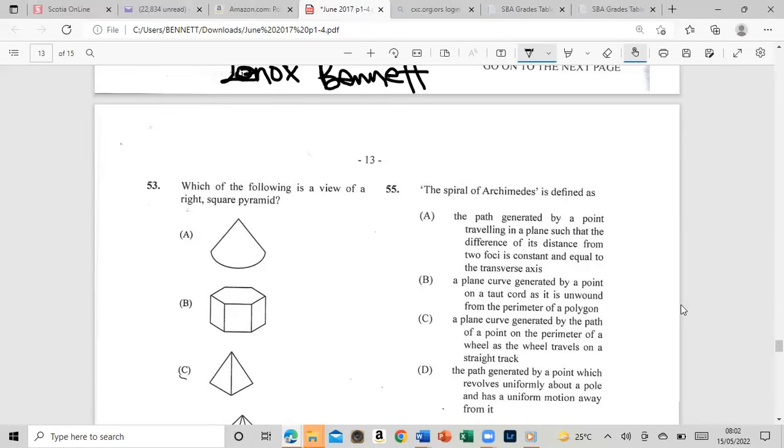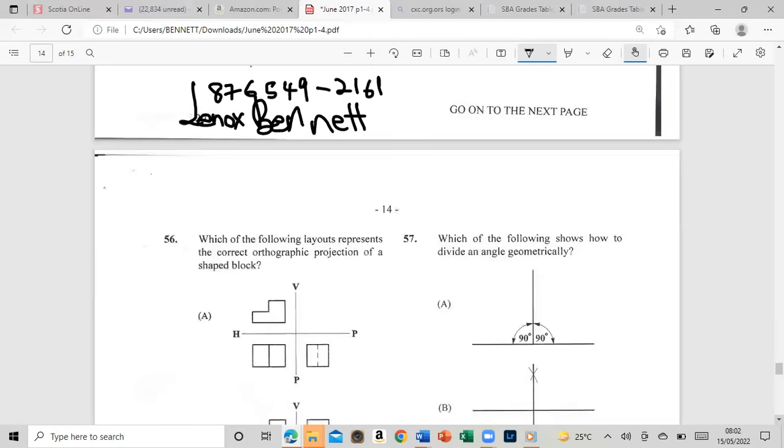C, a plane curve generated by the path of a point on the perimeter of a wheel as the wheel travels on a straight track? Or is it D, the path generated by a point which revolves uniformly about the pole and has uniform motion away from it? So 55 would be D, the path generated by the point which revolves uniformly around the pole and has uniform motion away from it.